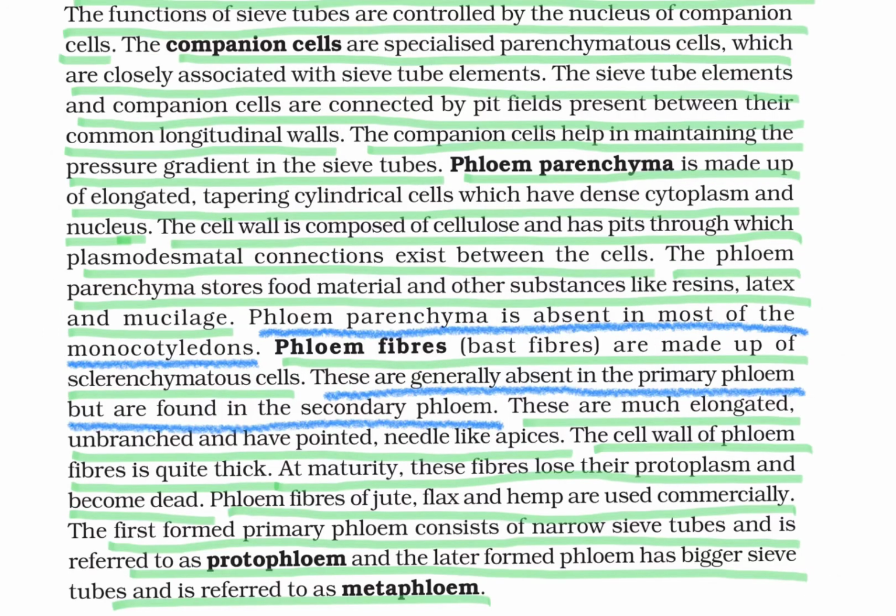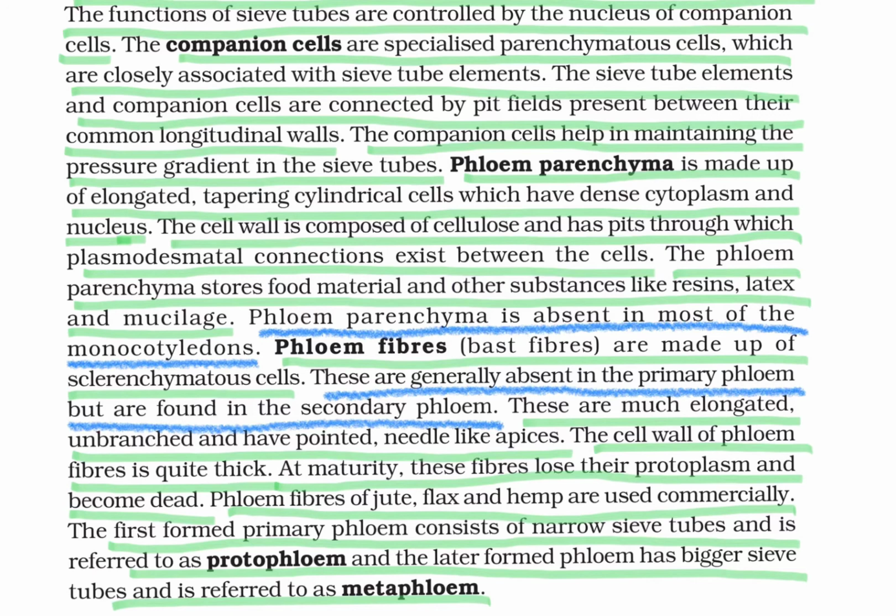Now let us talk about the third element of phloem, that is phloem parenchyma. It is made up of elongated, tapering, cylindrical cells which have dense cytoplasm and a nucleus. Parenchyma always has dense cytoplasm, and the cell wall is thin and made up of cellulose.